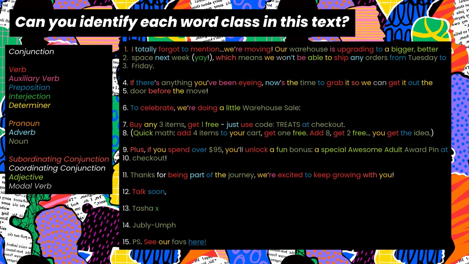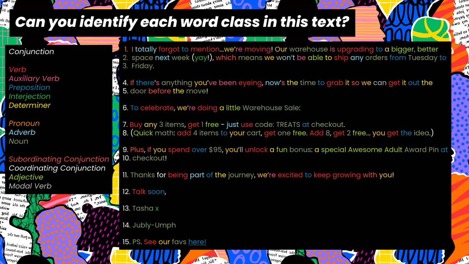But that's not quite correct, because while the we in we're on line 1 is absolutely a pronoun that is used to refer to the Jubbliumph team, and it's acting as substitution, we're isn't a pronoun, it's a contraction.